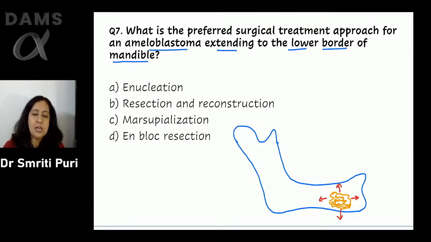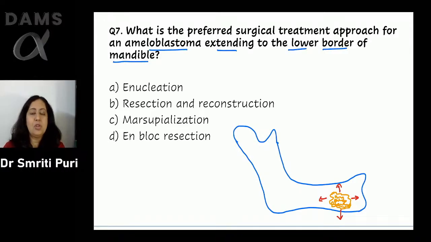So what will result? It will be a resection with continuity defect, which is also known as segmental resection. And once you have a continuity defect, you need to reconstruct it. So you will end up doing a segmental resection.